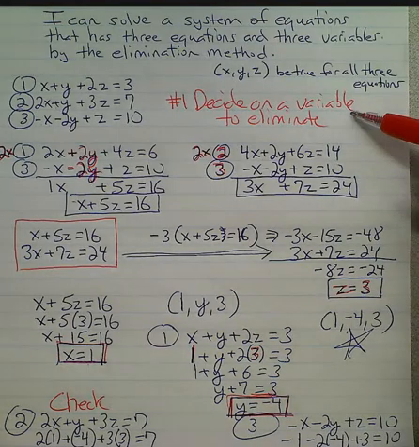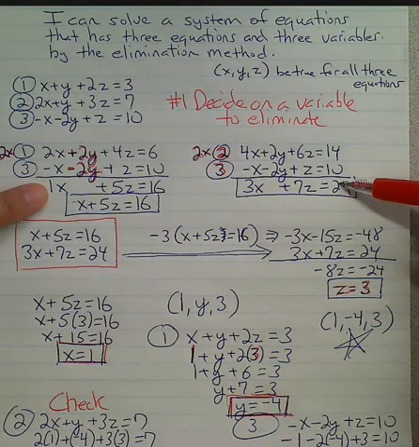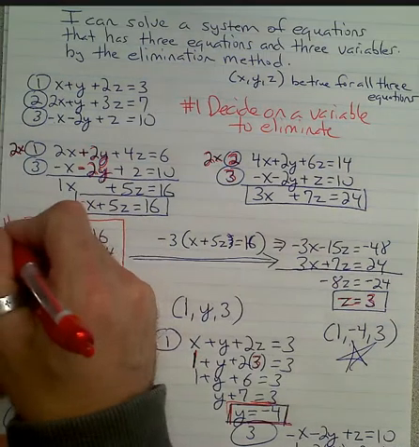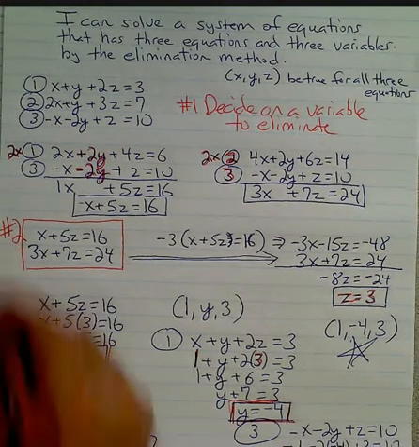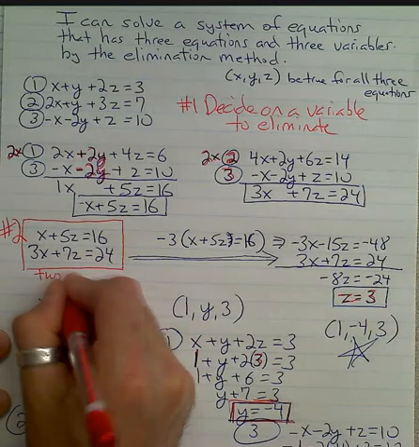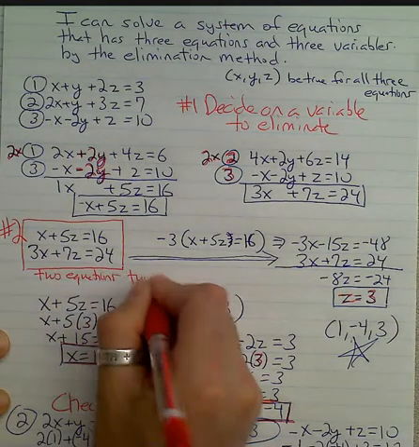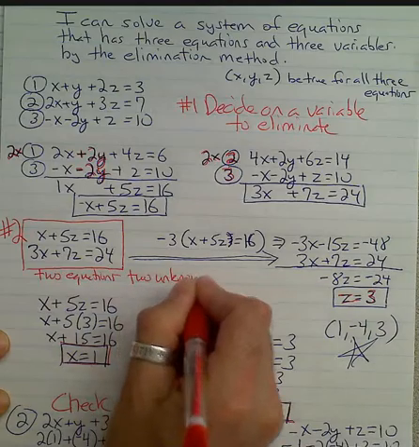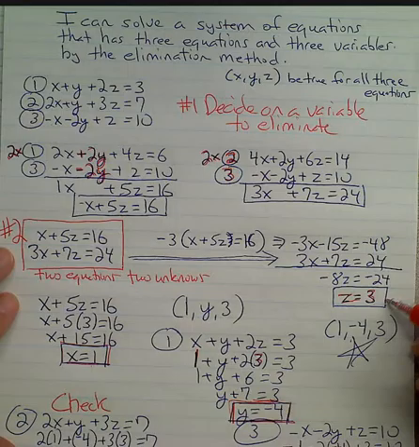Number 1, decide on a variable to eliminate. Go through the process of eliminating that one variable. Number 2, once you have 2 equations, 2 unknowns, go ahead and use elimination to find the value of your first variable.